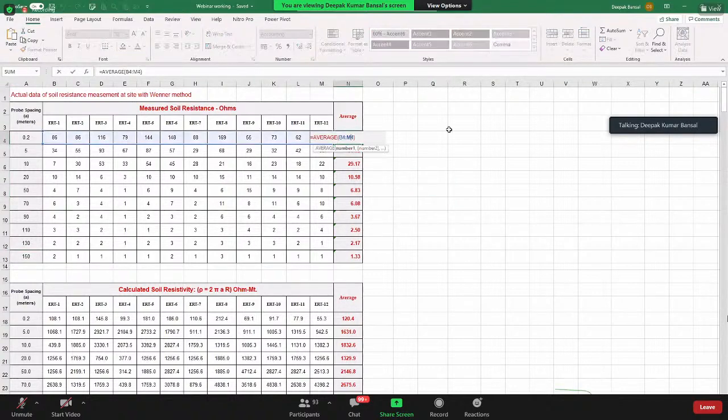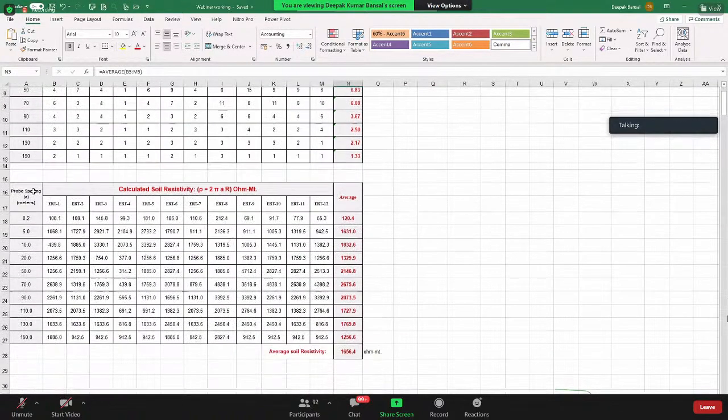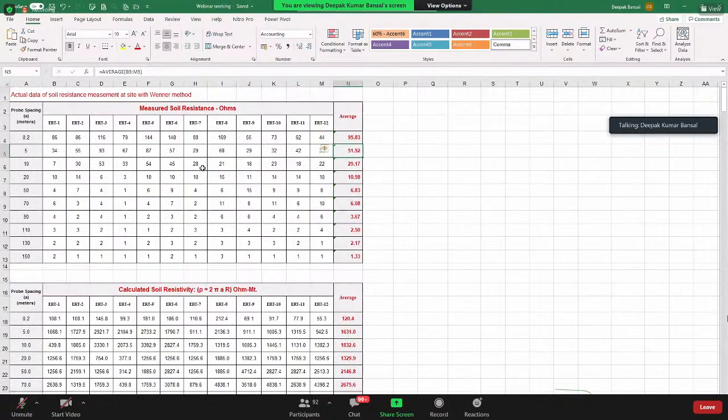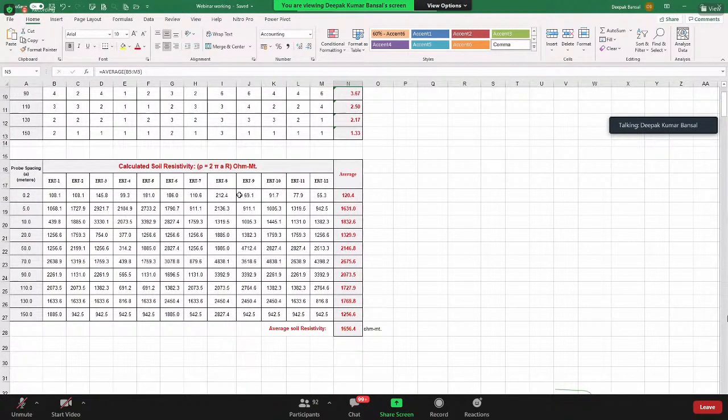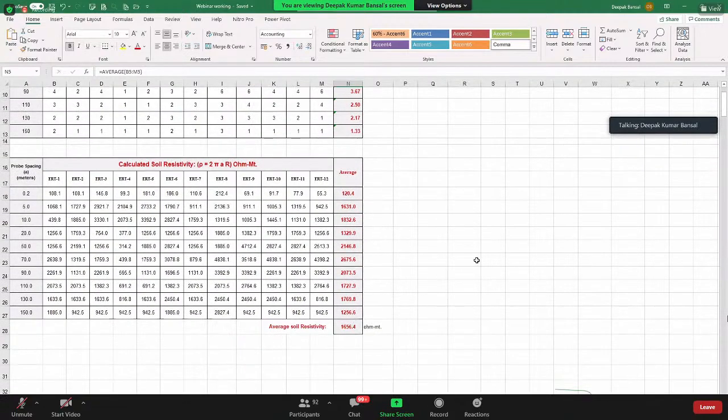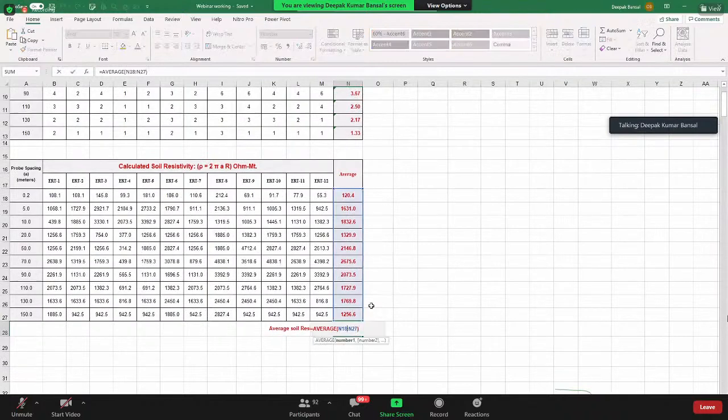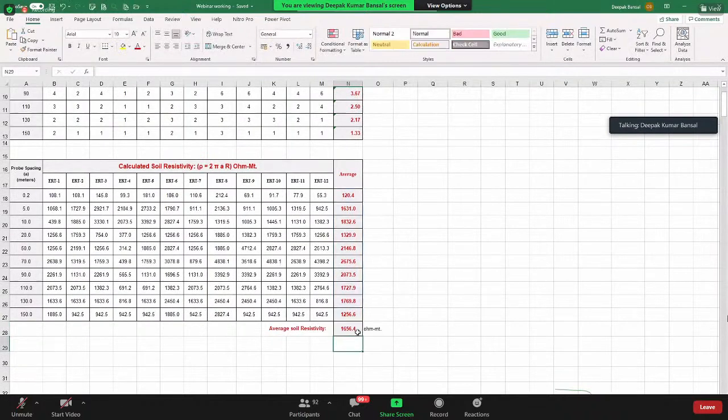So we have calculated the average soil resistance here, and all the soil resistance values are converted into soil resistivity in this table. As you can see, we have calculated an average soil resistivity of around 1656 ohm meter.